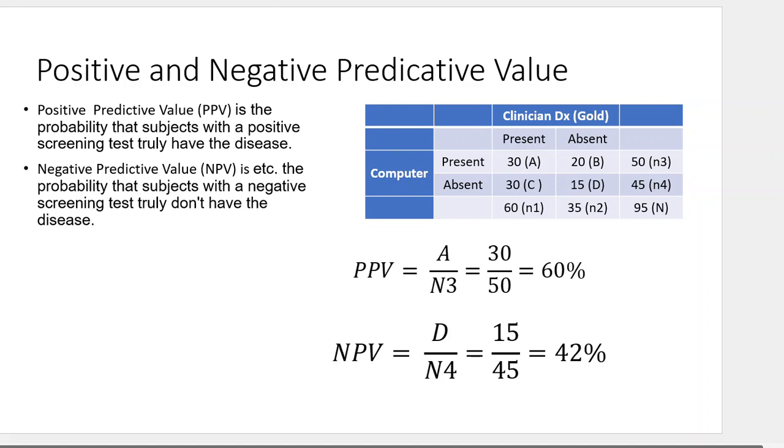And here we see our positive predictive value is 60%, meaning the computer test is better at detecting the diagnosis when it's there, versus negative predictive value is pretty weak at 42%. So you would worry more with this test that it's missing cases of true ADHD.